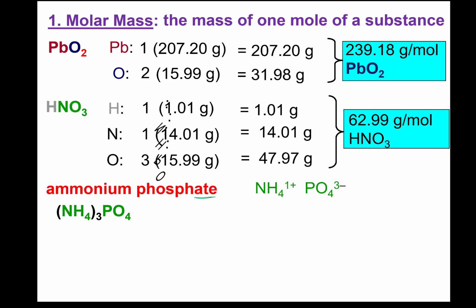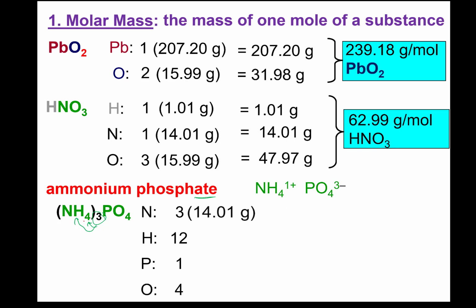So we have 4 different types of atoms. Make sure you count these correctly. There's 3 nitrogens, because if there's a 3 outside the parentheses, you're going to take that and multiply it by every subscript inside the parentheses. So 3 times 1 for nitrogen is 3 nitrogen atoms. 3 times 4 for hydrogen is 12 hydrogen atoms. 1 phosphorus atom and 4 oxygen atoms.